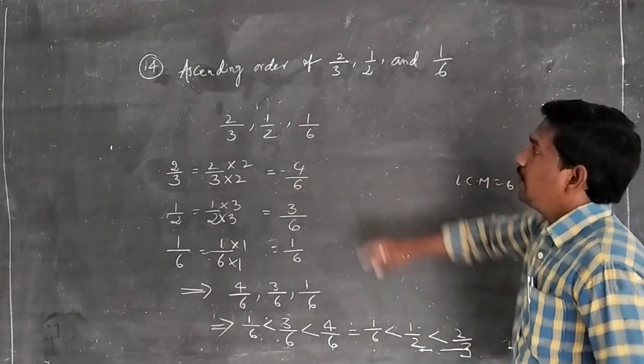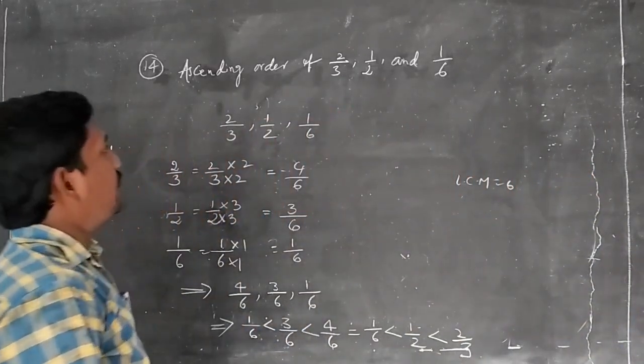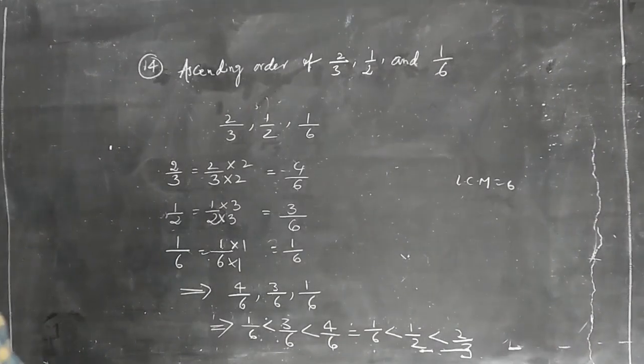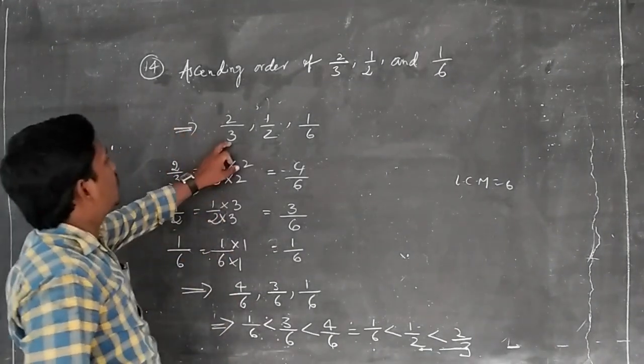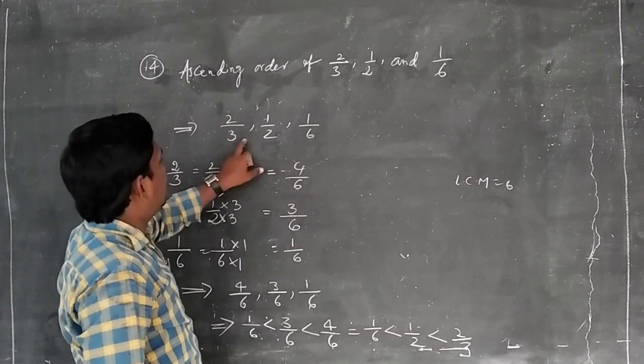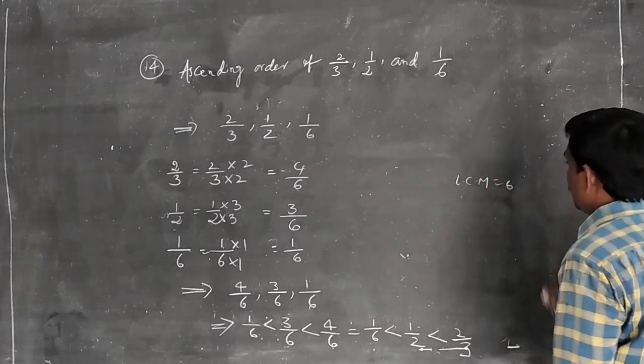Let's see once again. Ascending order of 2 by 3, comma 1 by 2 and 1 by 6. We have to calculate the LCM of the denominators 2, comma 3, comma 6. The LCM of the given denominators is 6.